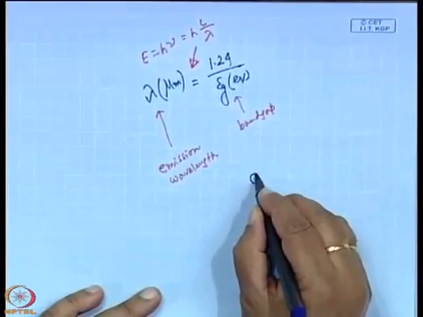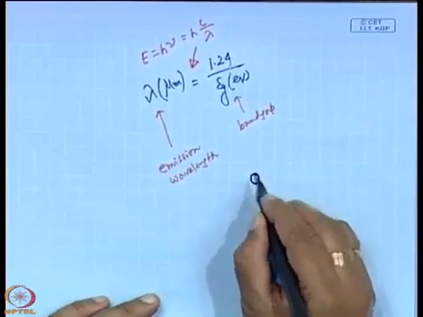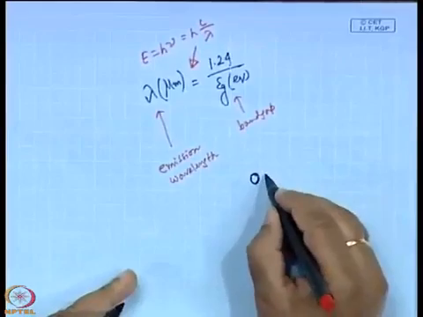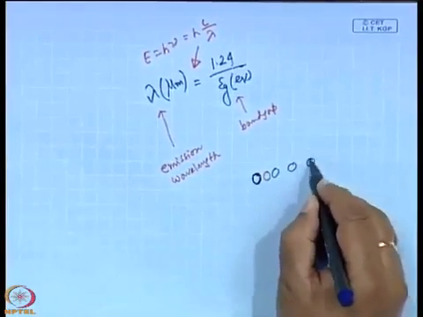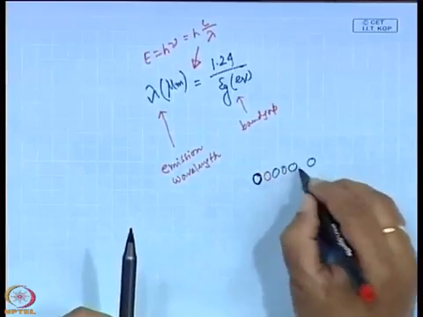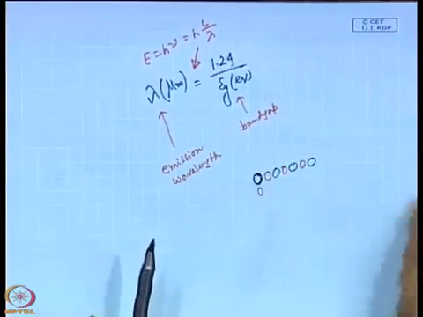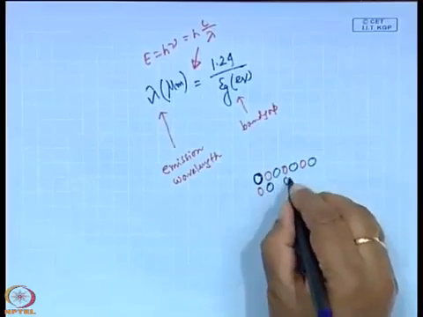Suppose it is gallium arsenide, where the blue circles are gallium and the red circles are arsenic. We will find that they are placed in this manner. There are two sublattices, gallium and arsenic, and so on.